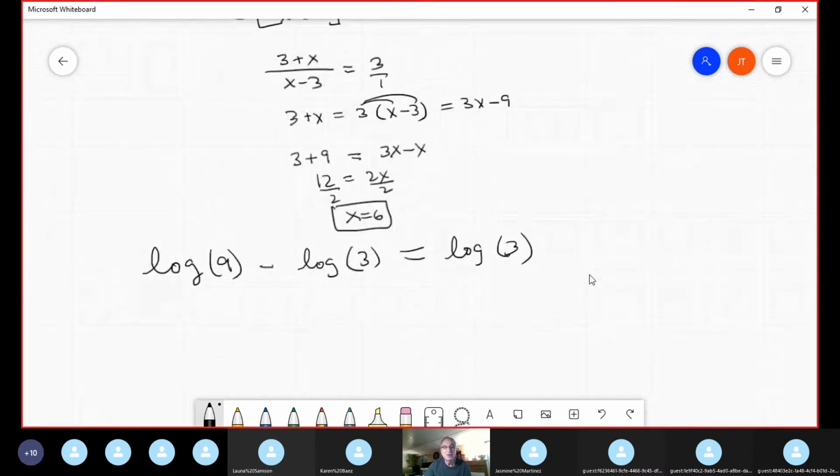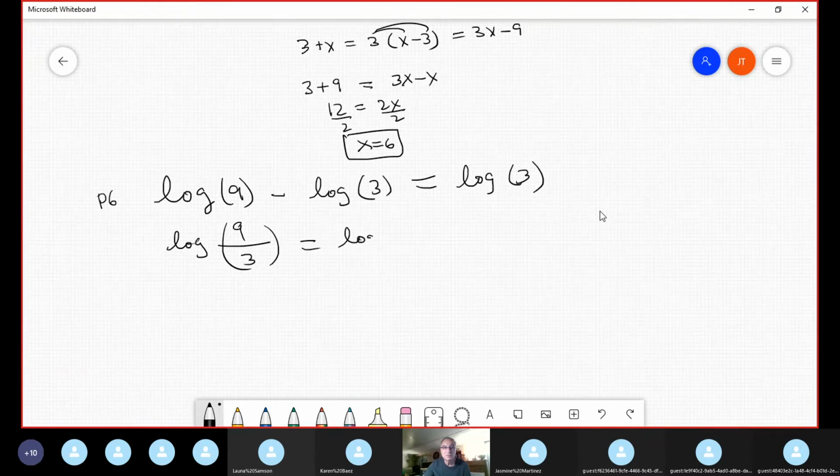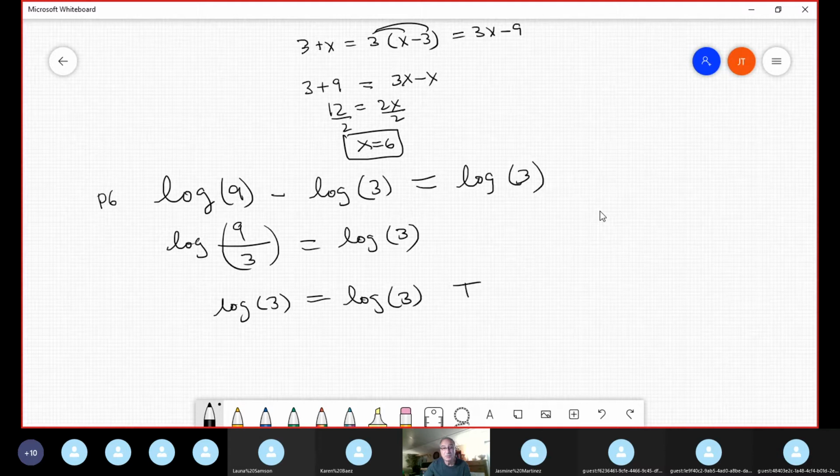How do you prove that? Well, exactly the same. Property 6, maybe: it is division. So you condense this into only one, which is 9 divided by 3. This 9, this 3. Should be logarithm of 3. 9 divided by 3 is 3. Logarithm of 3 is equal to logarithm of 3. True statement. Therefore, this solution is okay. Okay, super.